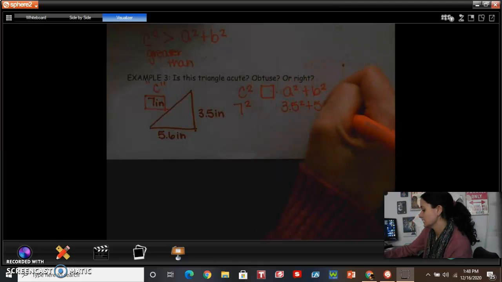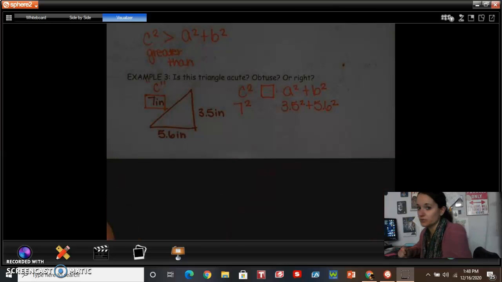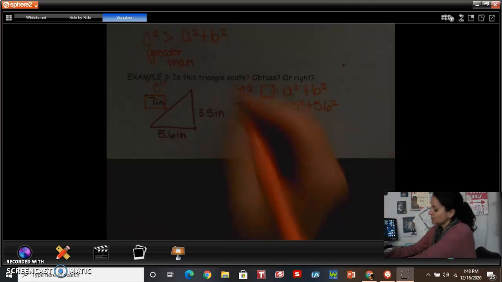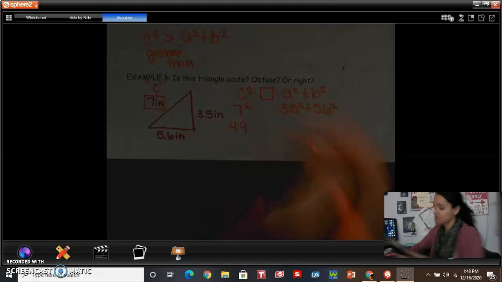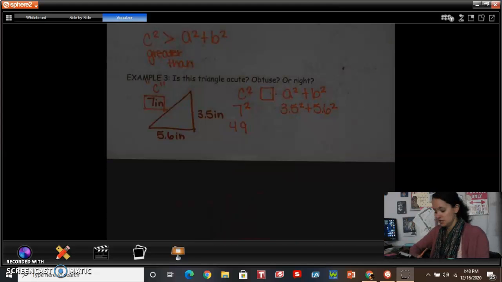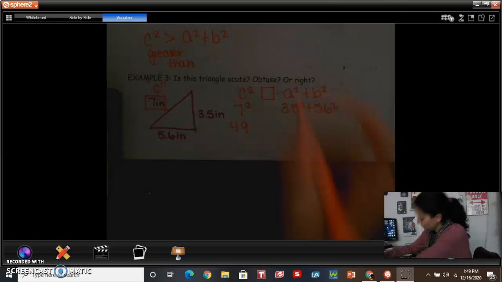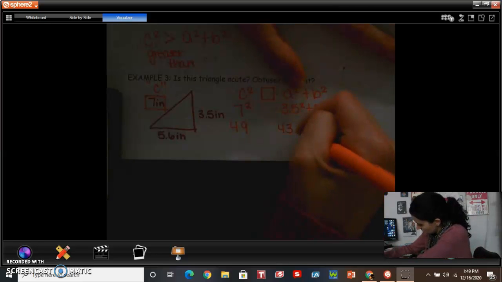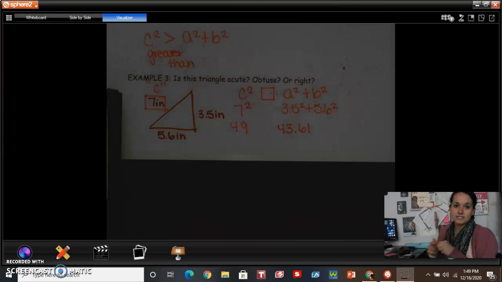Again, it doesn't matter which one you make A or which one you make B. So 7 squared is 49. Then we do 3.5 squared plus 5.6 squared, and we get 43.61. Now, to decide which inequality goes in there, remember that the Pac-Man or the shark or whatever you want to call it is going to eat the larger number.